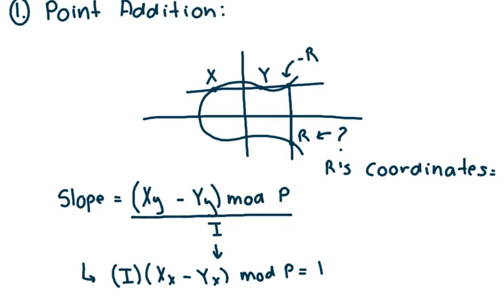So now to actually compute the coordinates of point r. The x-coordinate of point r is going to equal the slope squared minus 2 times the x-coordinate of point x, and this whole thing modulo p.